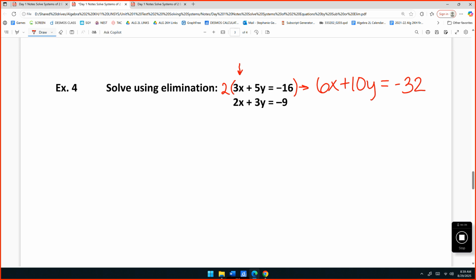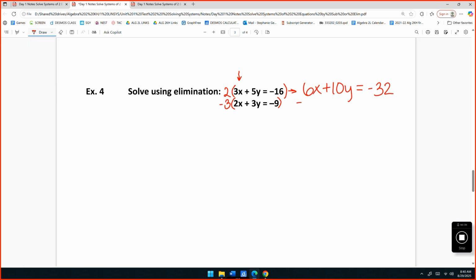Okay, so if that one was positive 6x, then this one has to be negative. So this whole equation would get multiplied by negative 3, because that is what's going to create negative 6x. So negative 6x minus 9y equals, and a negative 3 times a negative 9 is a positive 27.